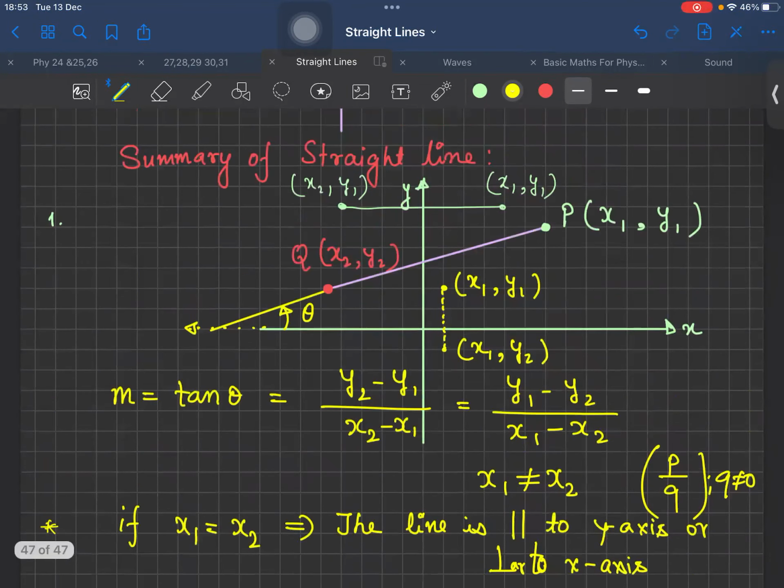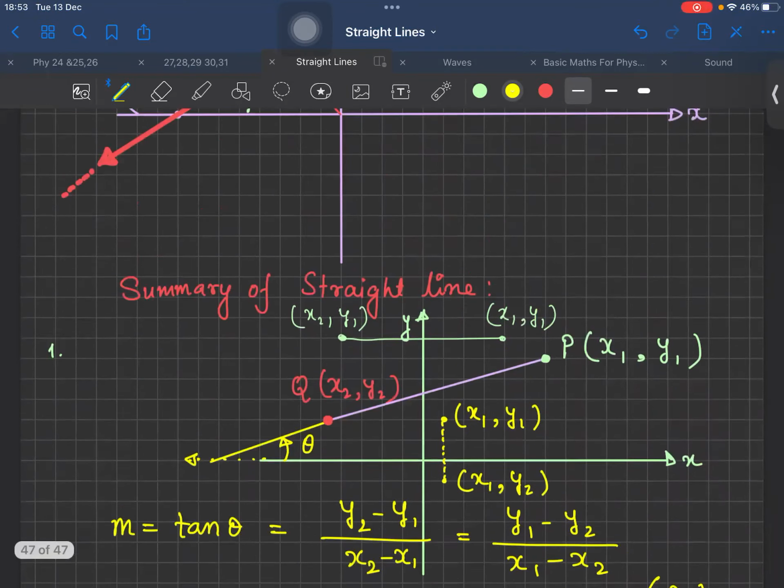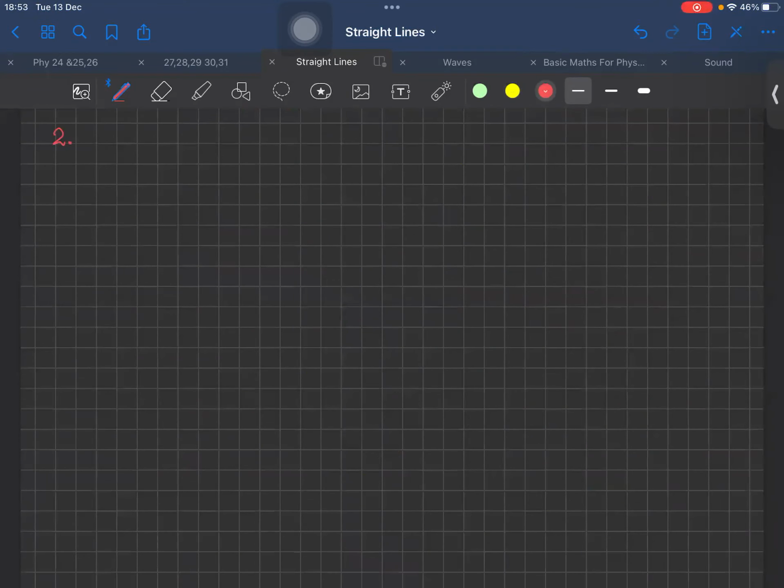Okay. The second point we learned in this chapter is how do you find the angle between two lines? Suppose there are two random lines, a line like this and a line like this. There will always be two angles between the lines. One is your acute angle, let's say this is theta.